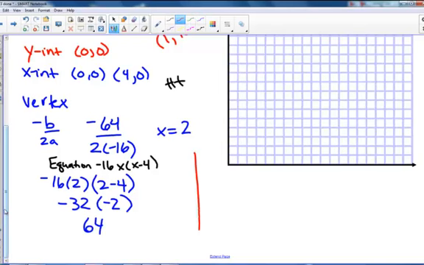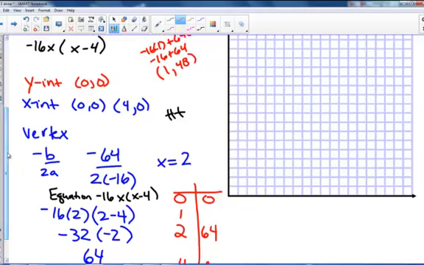Or if we made a little table here of our most important points, 2 would give positive 64, 0 would give 0, and 4 would give 0, and then 1 would give us 48, and the matchup of 3 would give us 48.